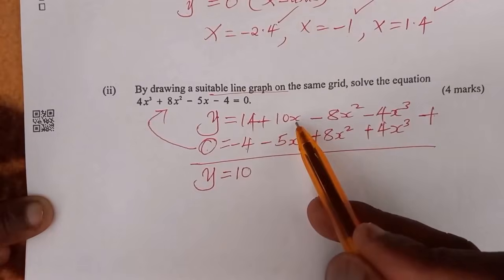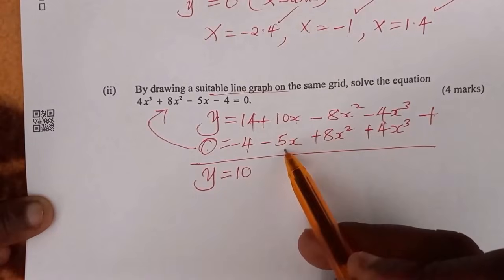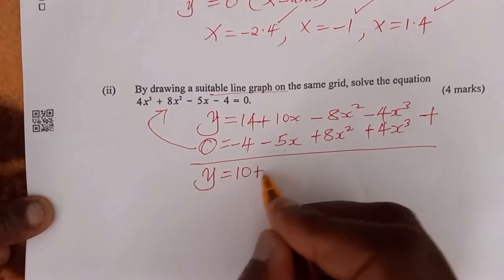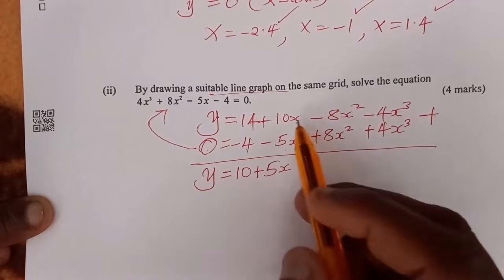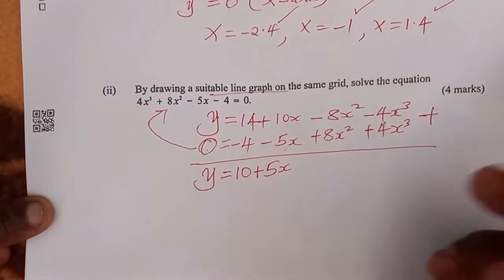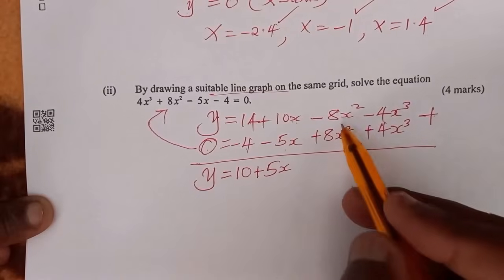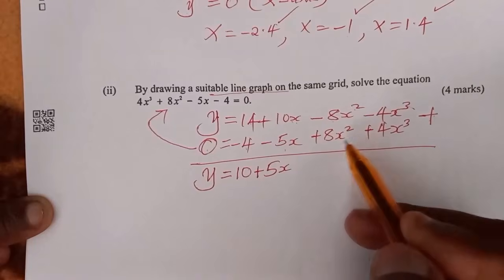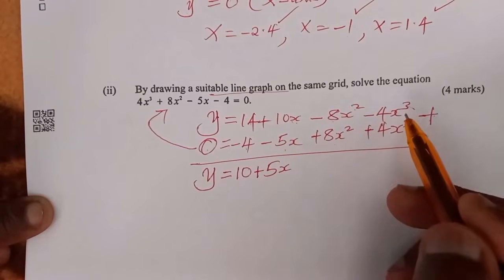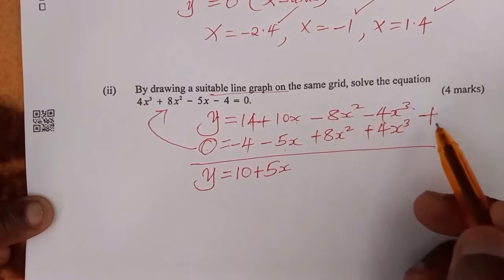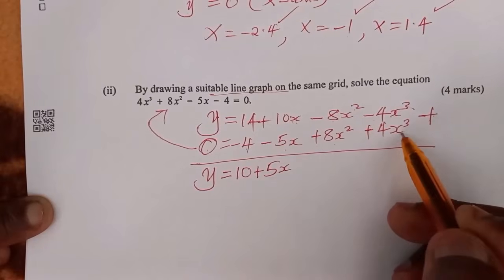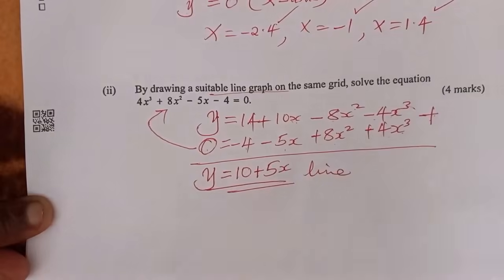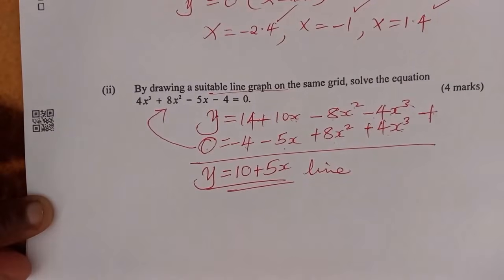Then 10x plus negative 5x gives positive 5x. Negative 8x squared plus 8x squared will be 0, and negative 4x cubed plus 4x cubed will be 0. So this is the line that you remain with, and that is what you need to draw.